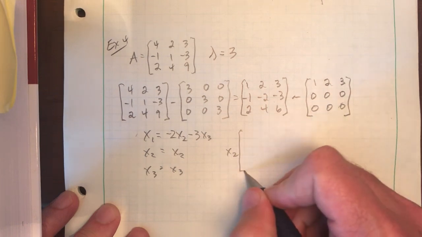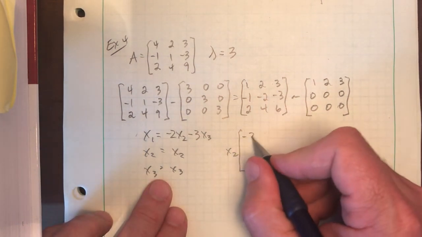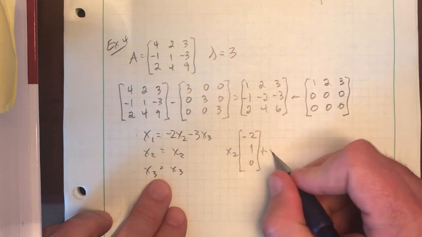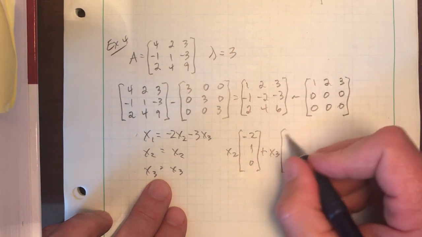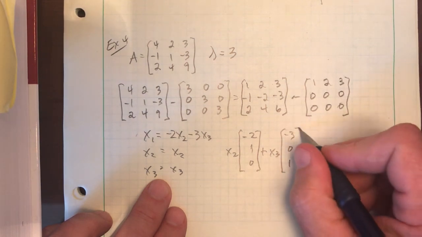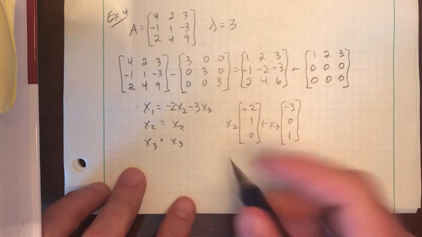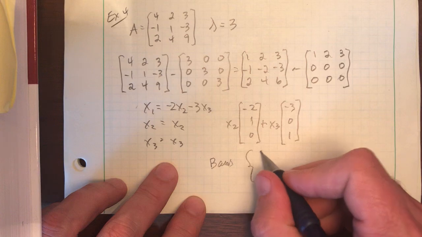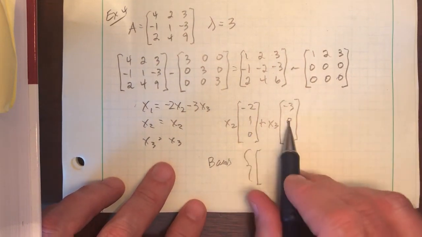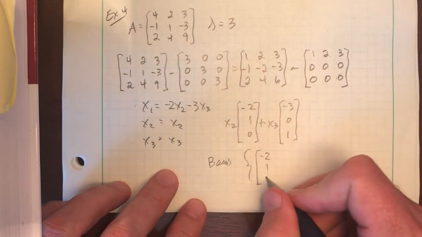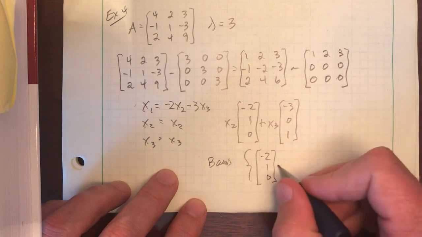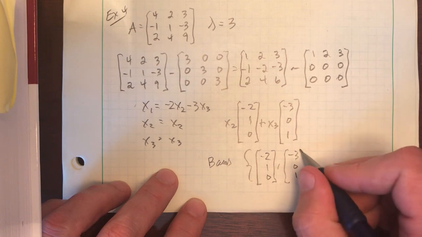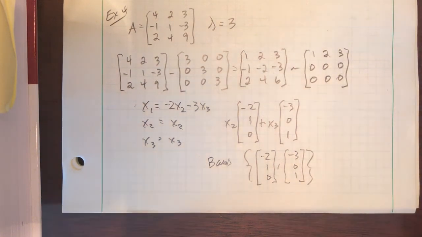If we unscale those, we're left with negative 2, 1, 0 scaled by x2, and negative 3, 0, 1 scaled by x3. And so the basis for this eigenspace is actually 2 vectors. So a 2-dimensional basis, it's a plane through the origin, and we're good to go.